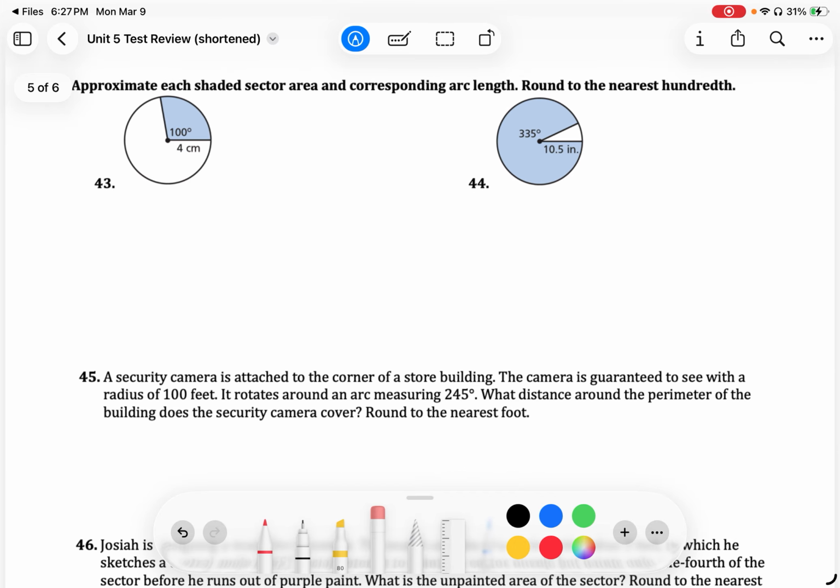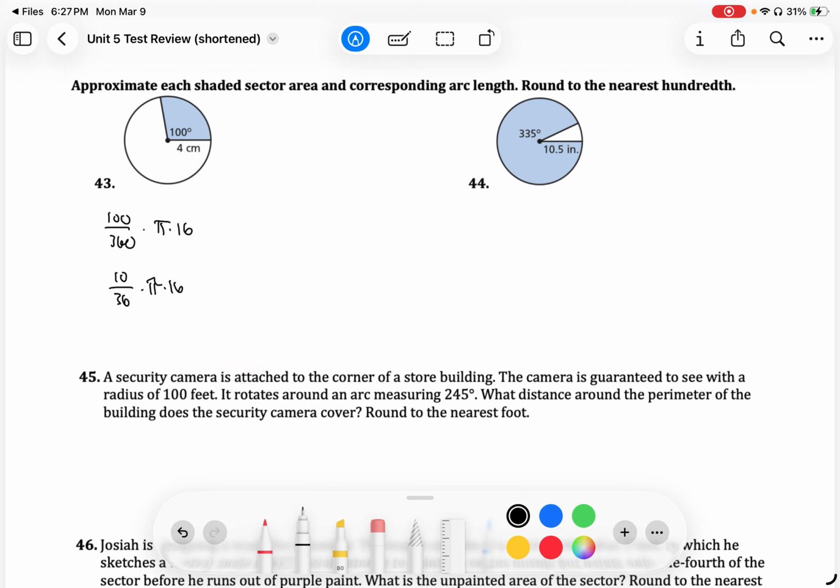Okay, we're getting there. Approximate each shaded sector area and corresponding arc length. Okay, so I'm finding the arc length and the sector area. So the sector area here would be 100 divided by 360 times pi r squared, which would be 4 squared, which would be 16. Of course, 100 over 360 is the same as 10 over 36 times pi times 16.